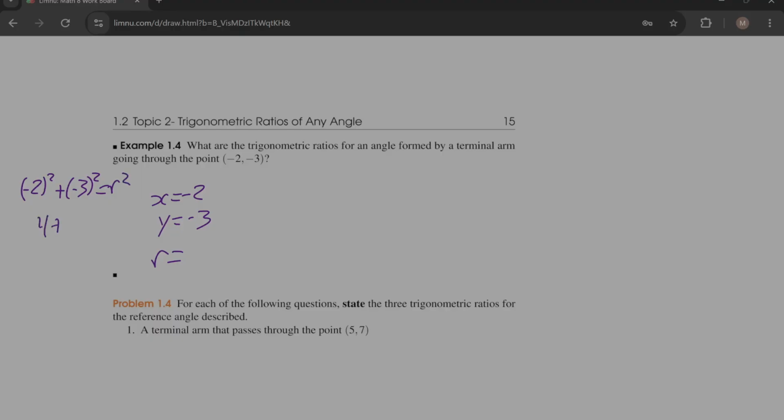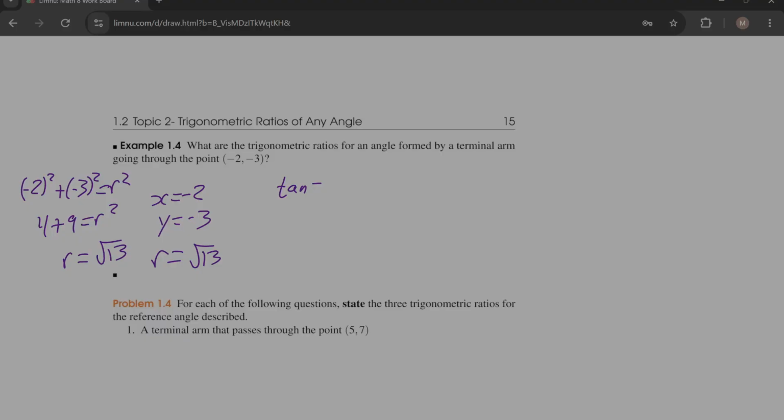So that's 4 plus 9 equals r squared, which means r is the root of 13. Notice that I'm going to leave this as the square root of 13. Also notice with these brackets, these squares, the negatives are going away. There is never going to be a negative radius, ever, ever, ever. It's always positive.